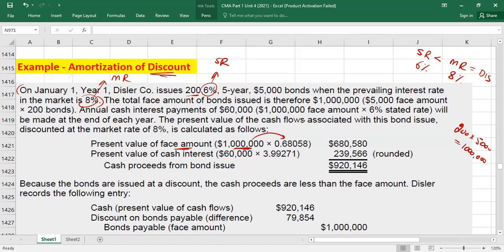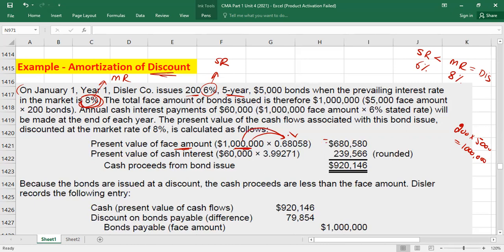Present value factor from where will you look? Present value of $1 table. And what is the market rate? 8%. You will go to the present value of $1 table, look at 8% for 5 years. This value you will find there. Just multiply and you will get present values.